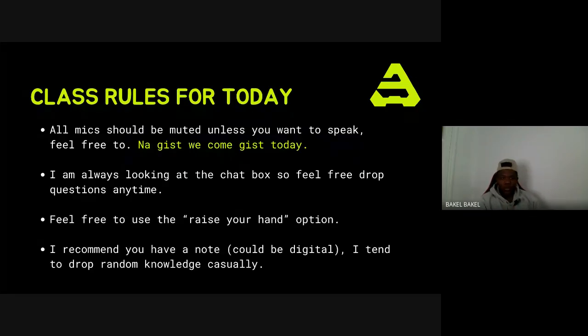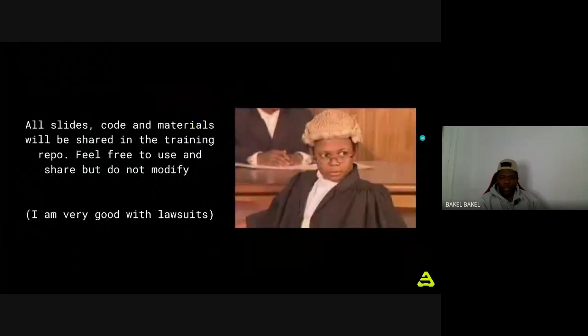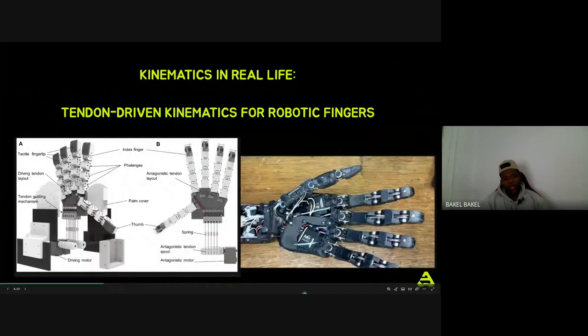Okay, that's out of the way. Something happened over the weekend, right? Last week we talked about forward kinematics, transformation matrix, and all of that. Coincidentally, immediately after the class last week, some hours after, I got a real life job about kinematics.